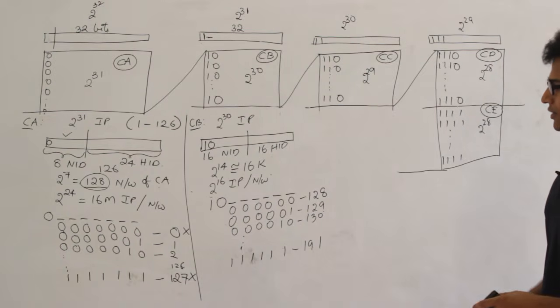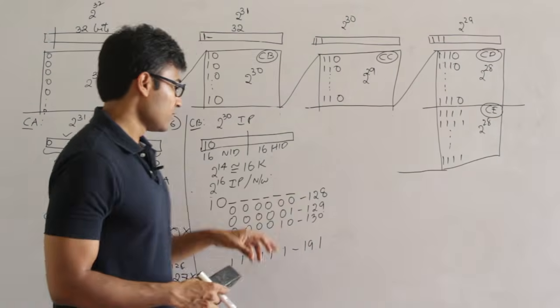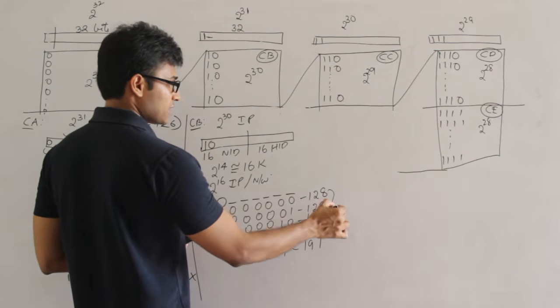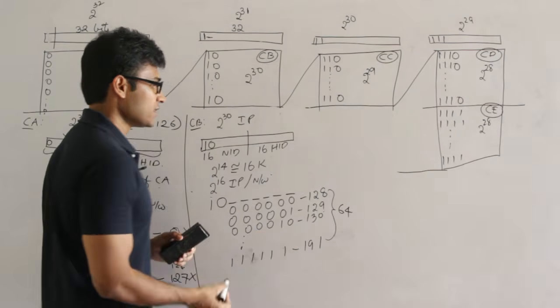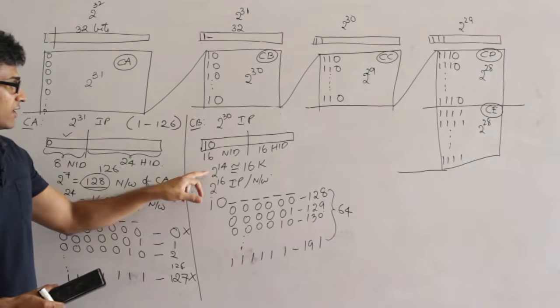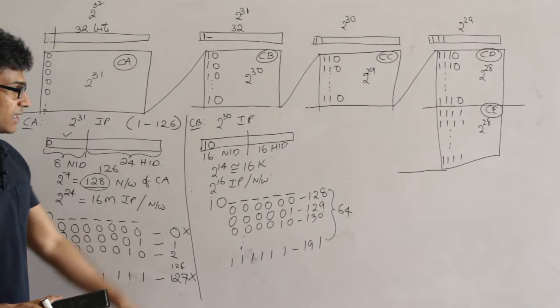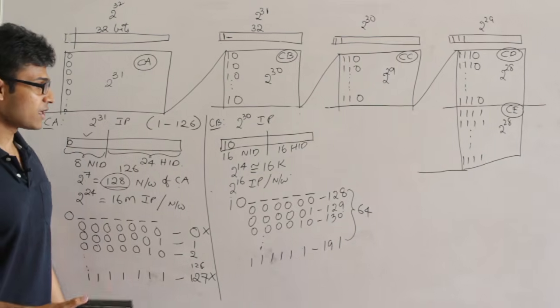Now one interesting question is, if you look at the range of class B, you might get confused that I am showing only the numbers 128 to 191, which is nothing but 64 numbers, but then I am saying that there are nearly 16,000 networks. How is it possible?